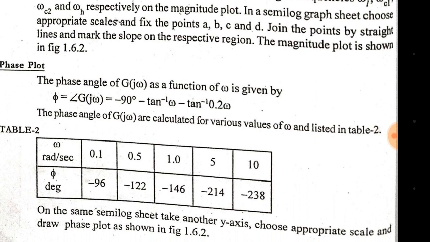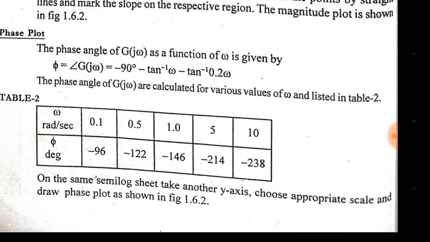Because we have a constant j omega term in the denominator, and we have 1 + j omega and 1 + 0.2 j omega in the denominator. That's why minus 90 degrees, minus tan inverse omega and minus tan inverse 0.2 omega. So substitute the values of omega in this, and you will get the corresponding phase angle, and draw it on a semi-log sheet. So we will get the Bode plot.